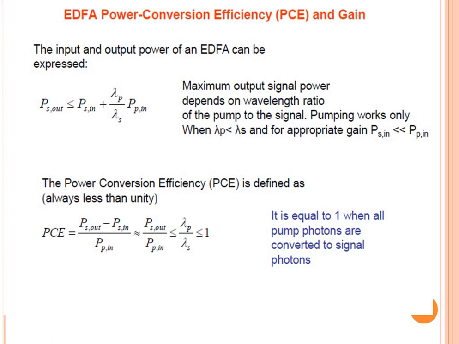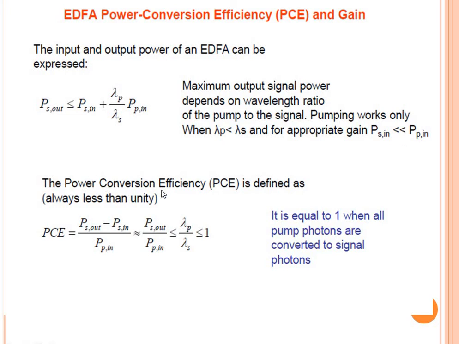For the pumping scheme to work, we should have lambda p much less than lambda s. And to have an appropriate gain, it is necessary that the input signal power must be much less than the input pump power.